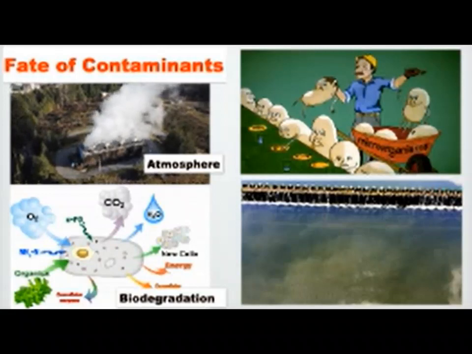Other compounds would be largely removed by some biological mechanism. I'm pointing to biodegradation as a pathway, and this is really what we're going to be exploiting in the course.